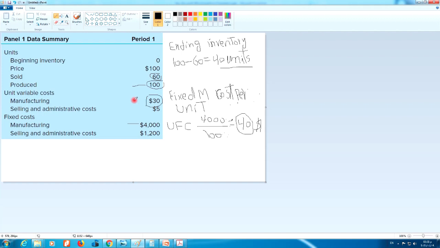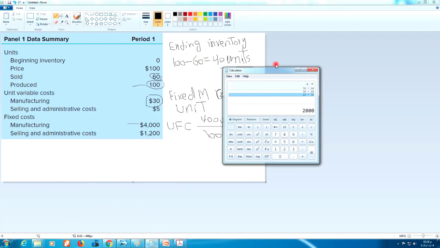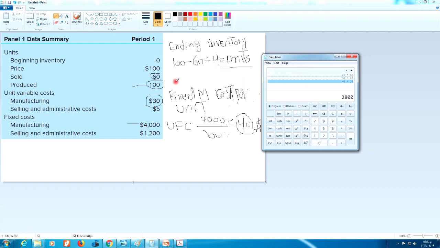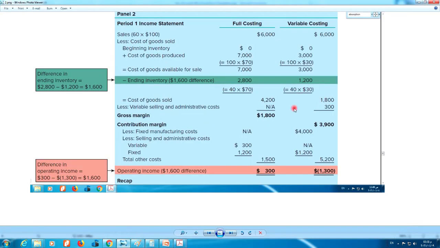The difference will be in the cost per unit. Ending inventory is 40 units. So ending inventory in variable costing is 40 units multiplied by the $30 variable manufacturing cost only, which equals 1,200.